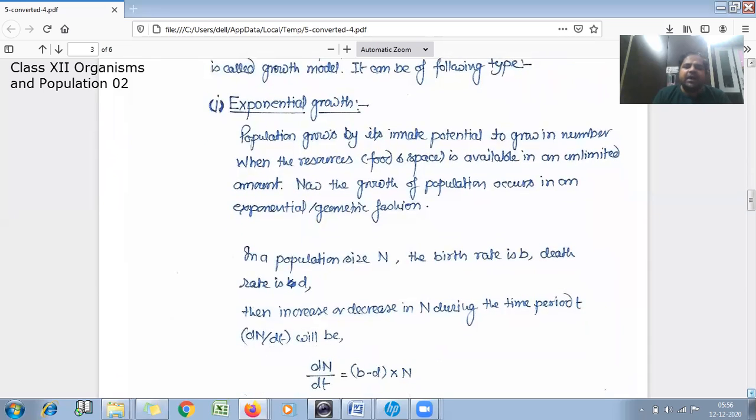So we will see how to calculate this exponential growth in that particular area.